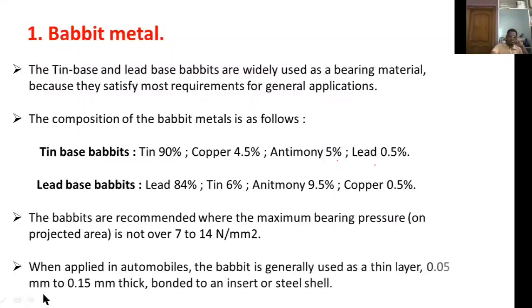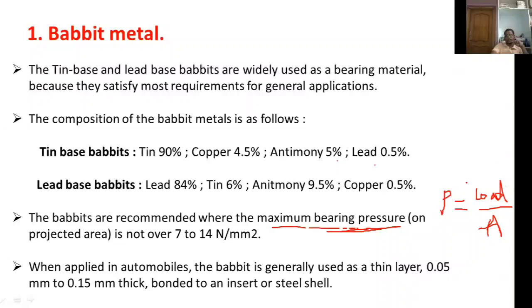Here the maximum bearing pressure means pressure P equal to load on the bearing divided by projected area. So bearing pressure equals load by area.